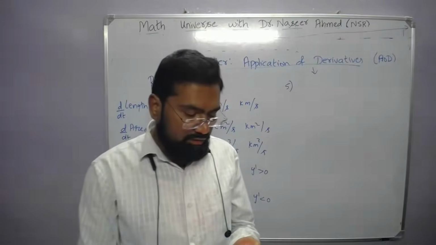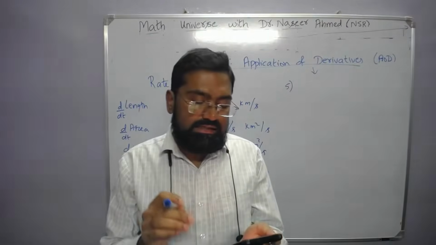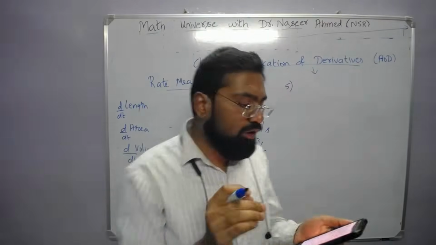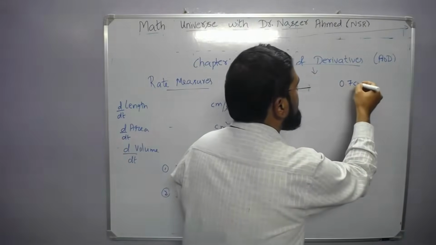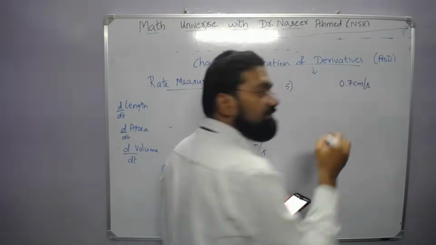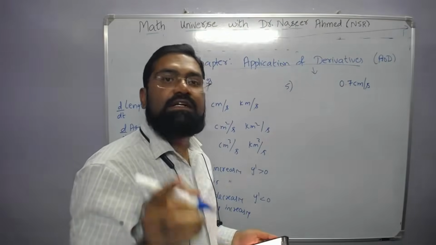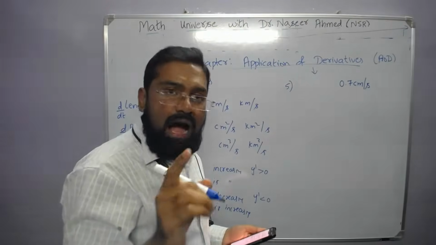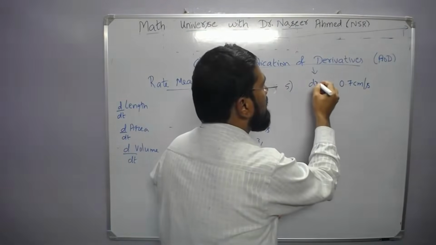Now, listen to the question. The radius of a circle is increasing at the rate of 0.7 centimeter per second. What is increasing? The radius of the circle. We know that the radius of a circle is denoted by r. So it's a change of length with respect to time, so dr by dt.